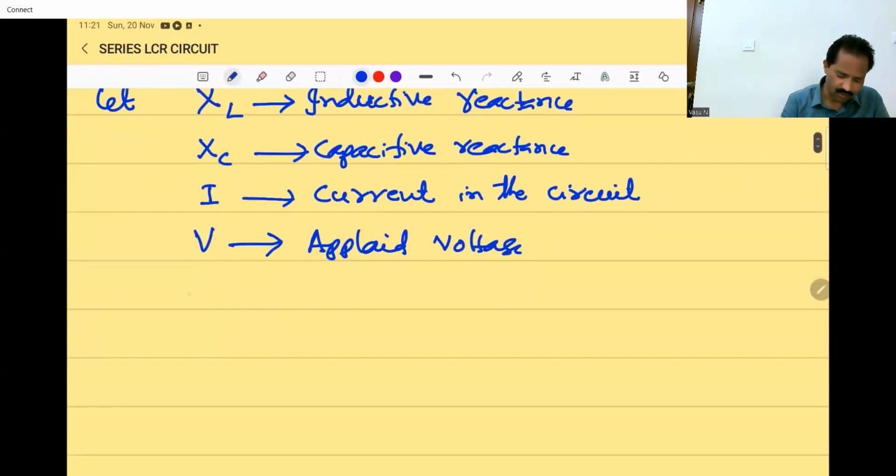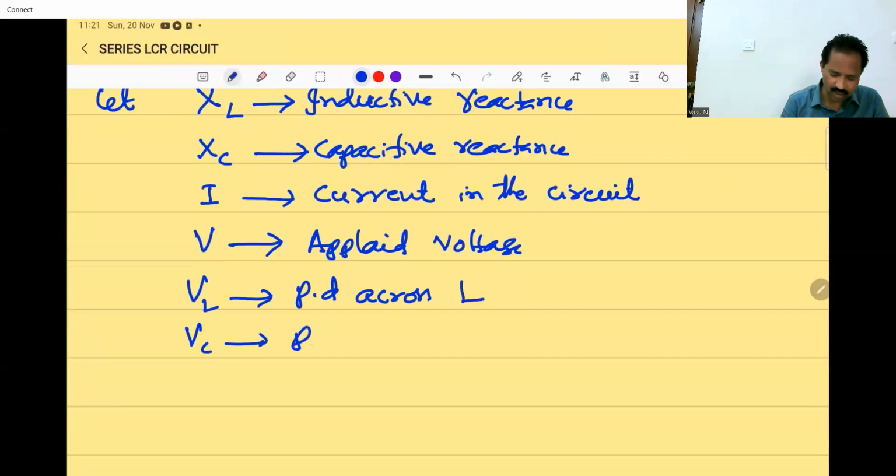VL is the potential difference across L inductance. VC is the potential difference across C capacitance.